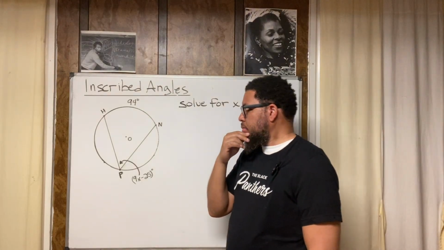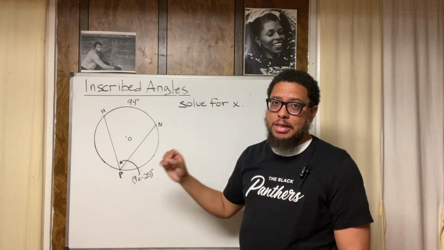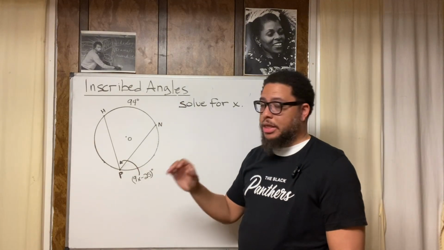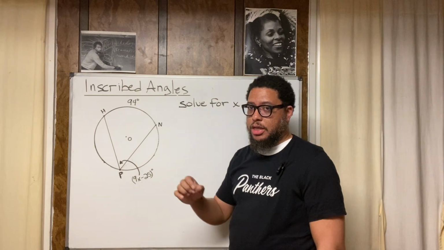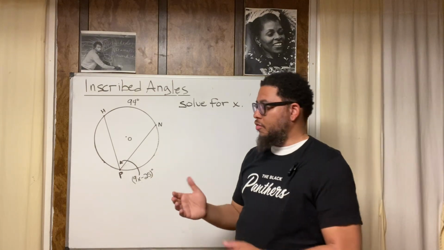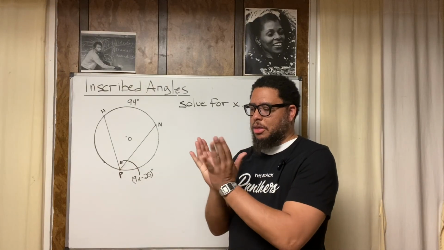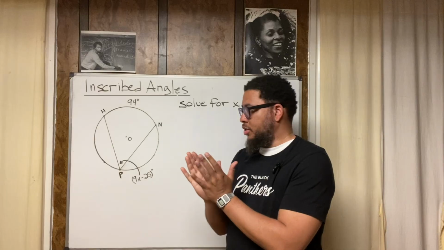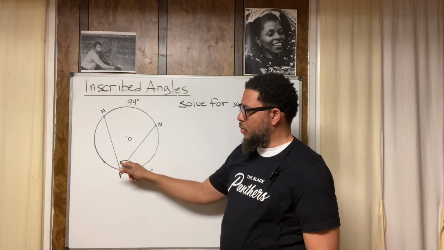All right. So now, what's our lesson for today? Our lesson for today deals with inscribed angles. Now, first of all, what is an inscribed angle? An inscribed angle is an angle that has its vertex. What's a vertex? The vertex is the point where two line segments meet or converge to form an angle. So you see this space in between this segment and this segment is an angle.